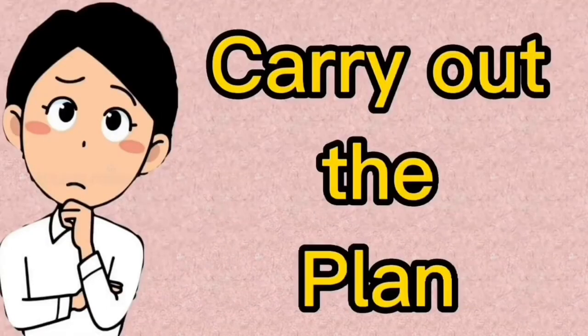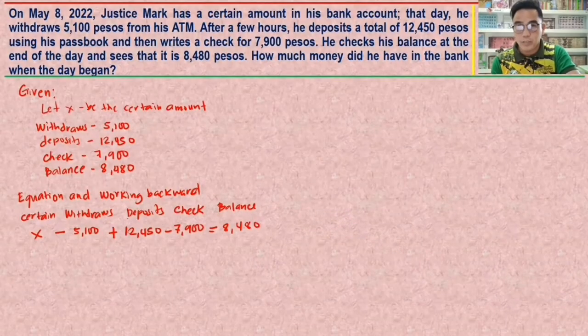Carry out the plan. After having these details, we're going to use the information by applying the working backward method. And that is, we're going to start from the balance going to the certain value.